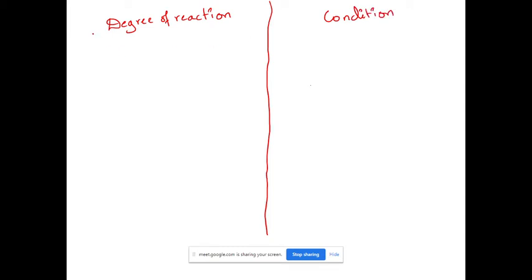This will be a quick go-through for you, showing how the condition changes for axial flow turbines with different degrees of reaction.